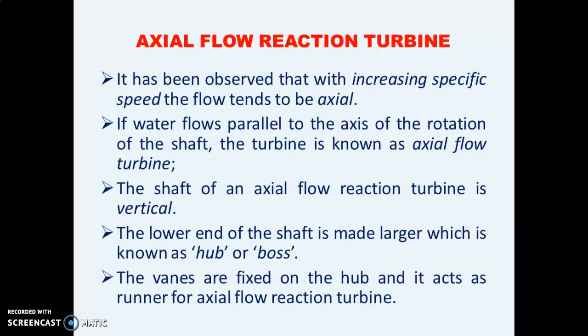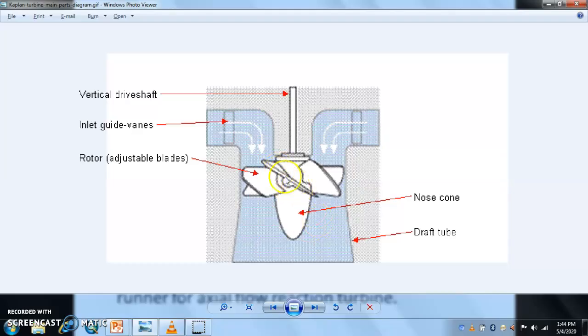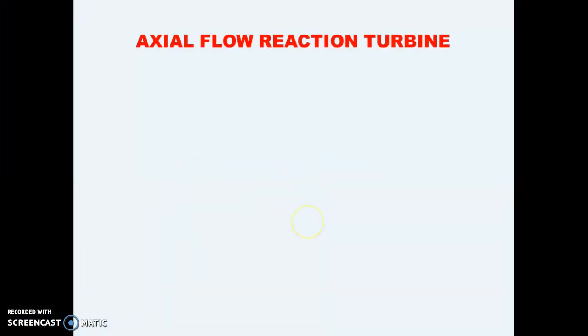The vanes are fixed on the hub and act as the runner for the axial flow reaction turbine. These vanes attached on the hub are the runners. We have seen runners in the Francis turbine. These are the runners of the Kaplan turbine, which will rotate the shaft to produce electricity.